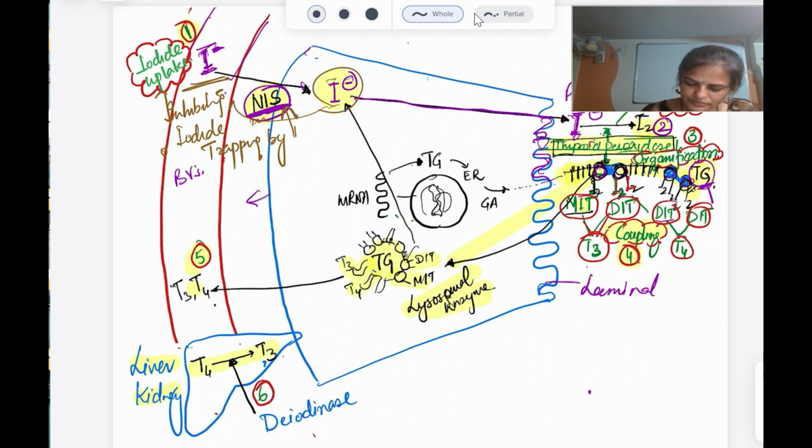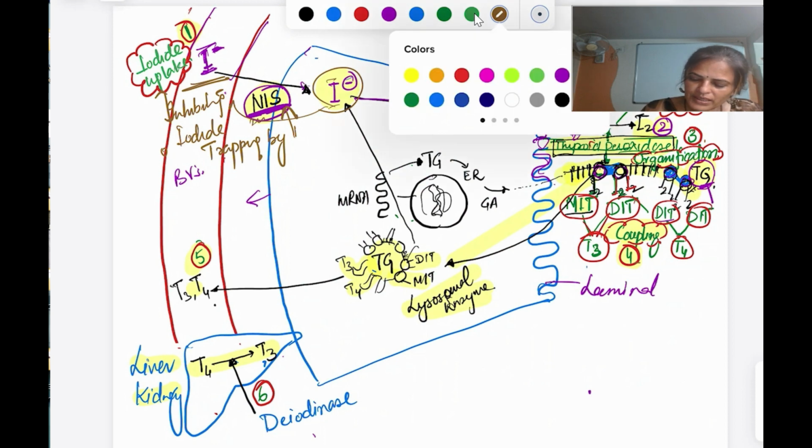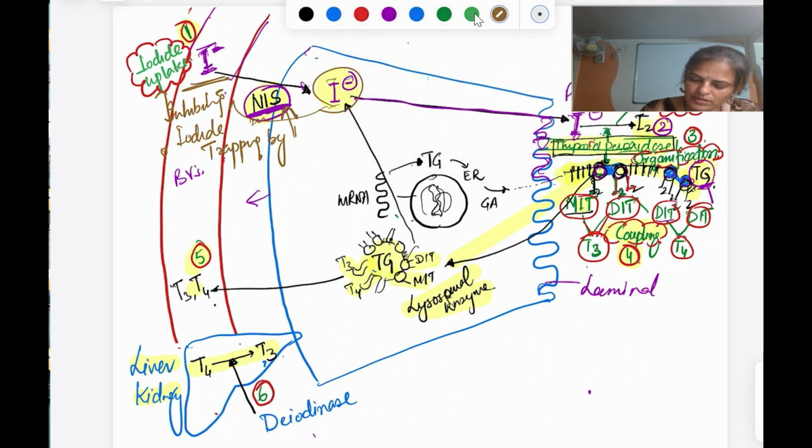They are going to inhibit the oxidation, this step, step number 2, then step number 3, that is organification, and step number 4, that is coupling. So they act by inhibiting the action of thyroid peroxidase.